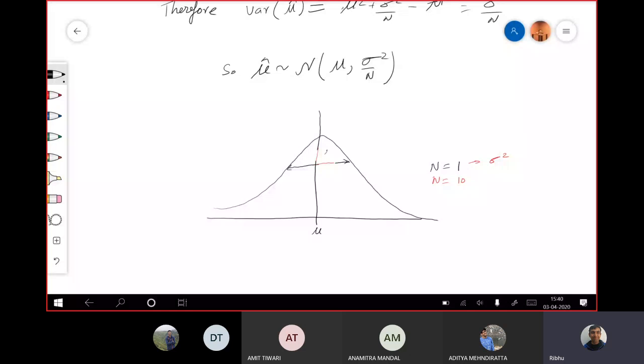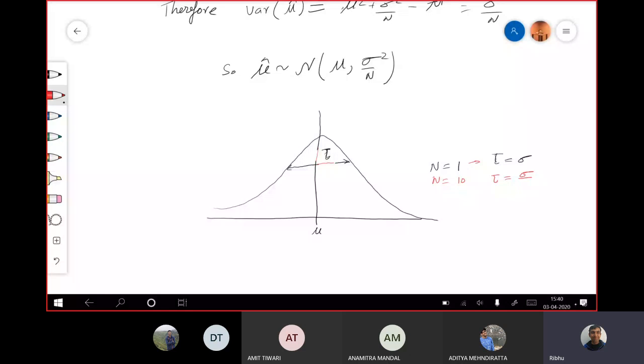This tau is the spread. So since this tau is the spread, tau equals sigma by root over 10, sigma by 3. Fine. This is what happens.